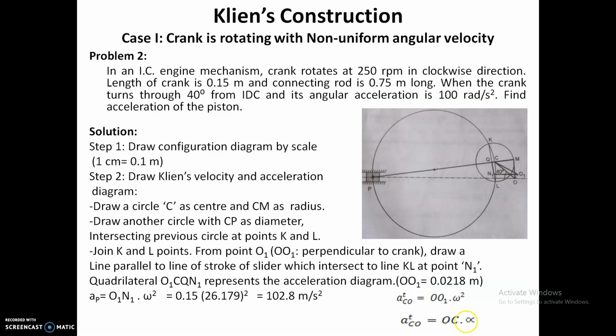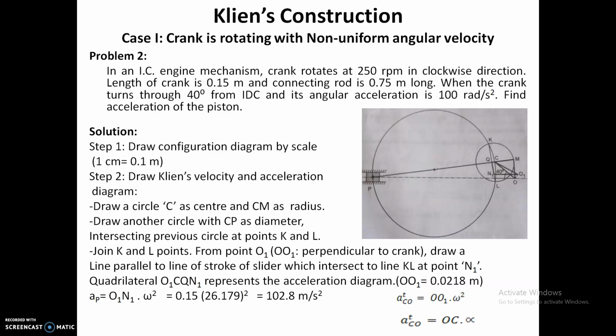The second formula is given by Klein's construction: the tangential component of the crank CO is equal to OO1, that is the length, into omega square. If you compare, the LHS is the same, so we equate the right sides, where omega and alpha are given, and the length of OC is given.